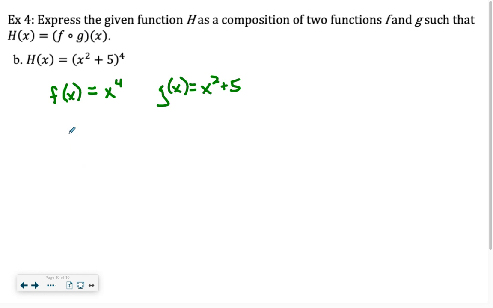We could say, this would be a little bit less common, but we could do something like f of x equals x squared, and then g of x equals x squared plus 5 squared. Right? I mean, again, this one probably wouldn't be your first thought, but this would still definitely work. Right? So there's more than one correct answer for these types of problems.